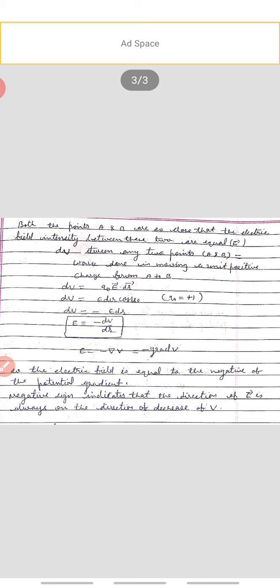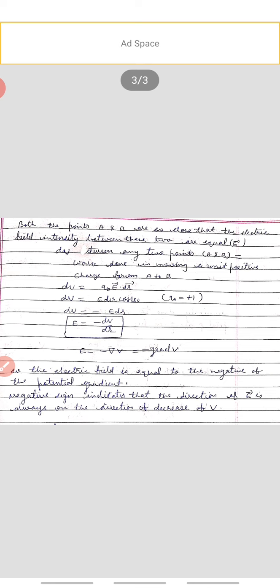And in general we can write it as E equals minus grad V. And this is the relation between the electric field and potential.